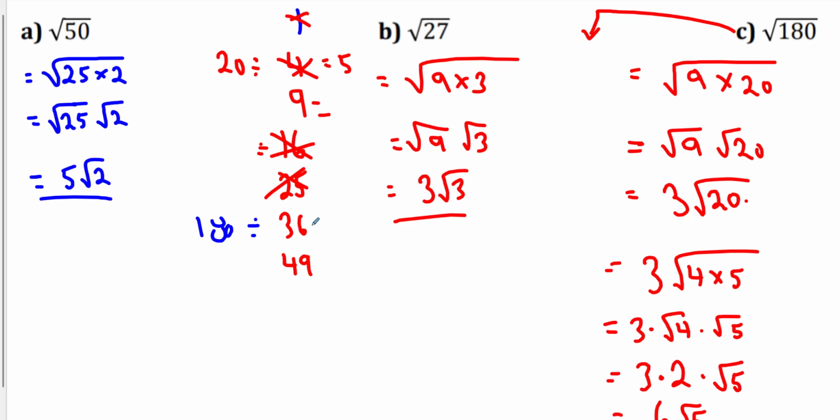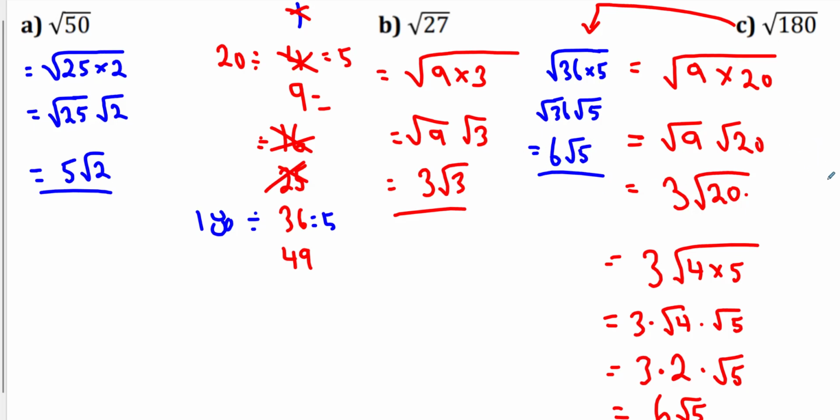It's 5. That means I could have just done root 36 times 5, and I know that root 36 is just whole number 6, and that's the answer. So I wanted to show you both techniques.